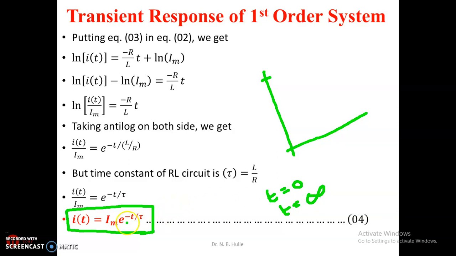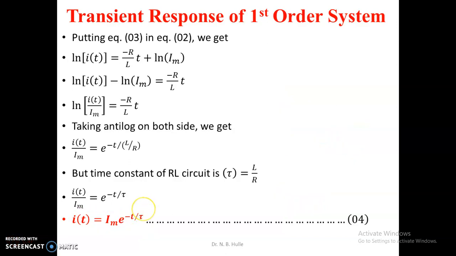In this case e raised to power of minus infinity is 0, and 0 into anything becomes 0, so finally at t equal to infinity, the current becomes 0. On this axis we have the current I(t), and on this axis we have the time. The graph will look like this: the current is decaying, and when time tends to infinity, the current in the circuit becomes 0.